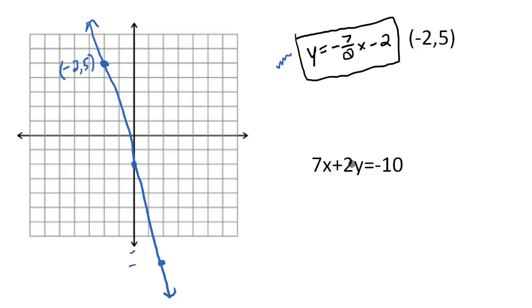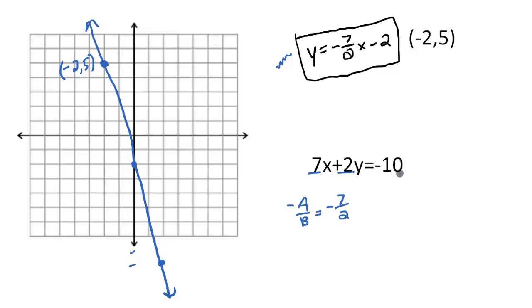So if we want to plot this, the slope is always going to be negative a over b, and our a was 7 and our b was 2, so it's going to be negative 7 over 2. So that's going to be our slope.